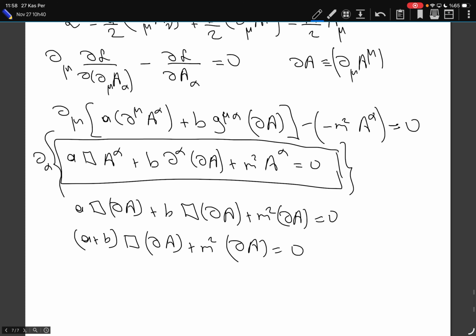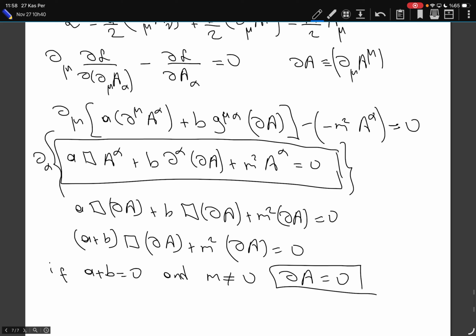Well, there is a funny thing that comes from the equations of motion. If A plus B is not equal to 0 and m is non-zero for massive particles, del A is equal to 0.